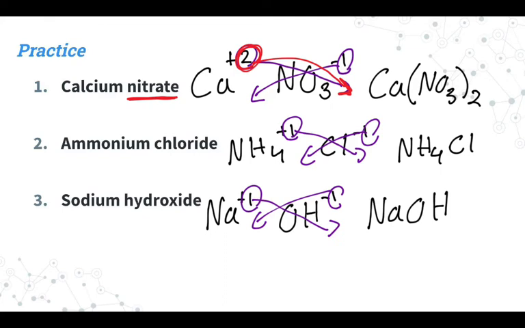Those are our formulas for these different compounds. Again, I cannot stress enough that you find your polyatomics on the back of the periodic table, like carbonate, phosphate, and nitrite, all on the back of the periodic table.